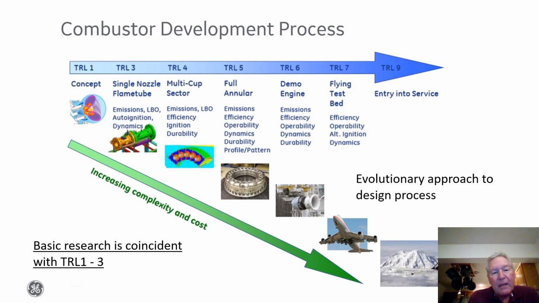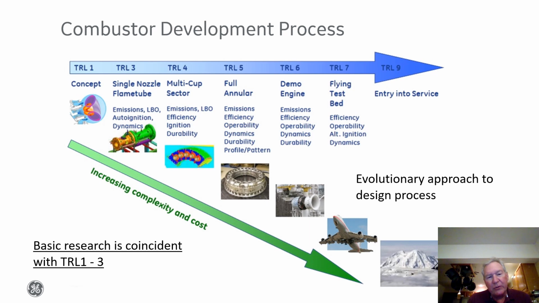And then below each of those TRL levels, if you will, we show an example of what the design and test activity would tend to entail. So we would start with the concept, and then we'd start working on both analytical and experimental aspects of evaluating those concepts.